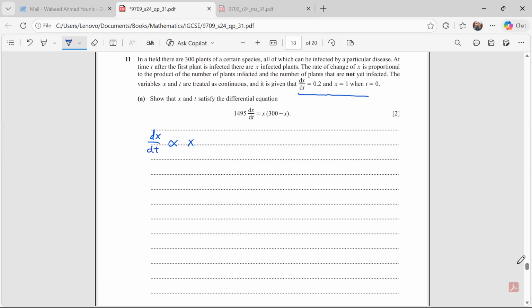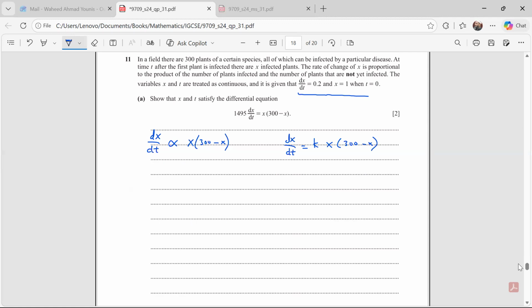There are a total of 300 plants, so plants which are not infected at any point are 300 minus x. Make sense? So the rate of change is proportional to this. If I make it an equation, then dx by dt would be some constant k into x into 300 minus x. Is it clear?